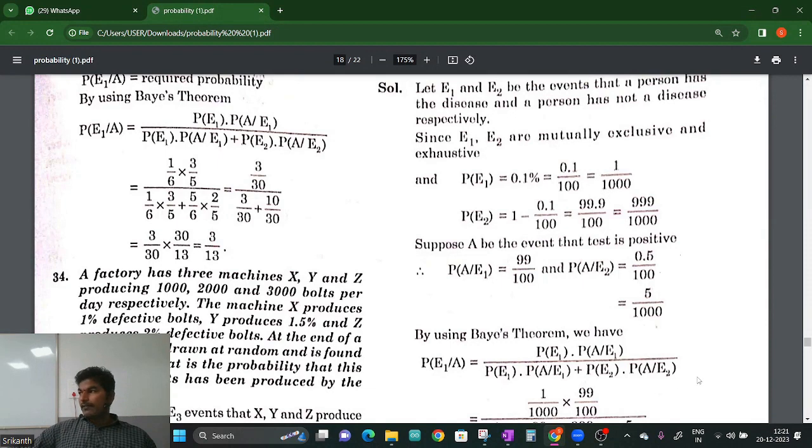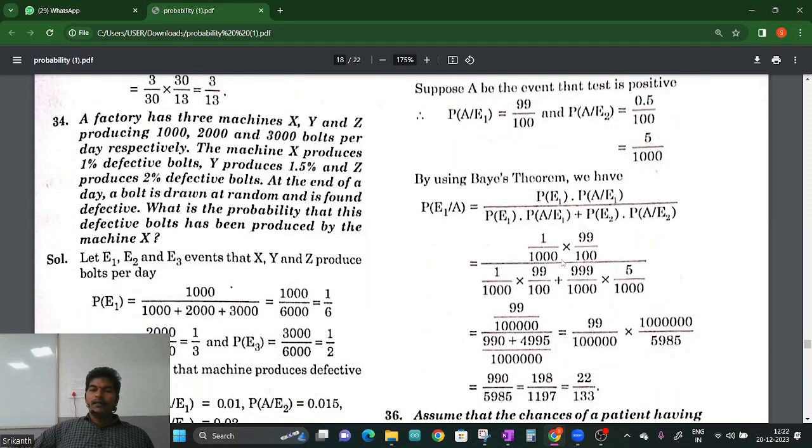Look at this. What are the total happening things? P of E1 means he has the disease. P of E2 means he is not having the disease. The test positive is being asked, no? A by E1. Positive test means only A by E1 is required. 99% only you should use. And for E2, the test is positive 5 by 1000. Just multiply both of these values.